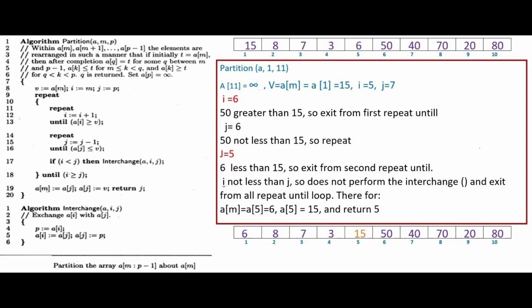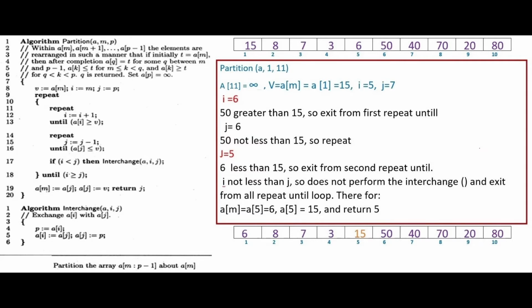Now we select two elements. The smallest element from the right side is A of 5, 6, and the selected largest element from the left side is 50.